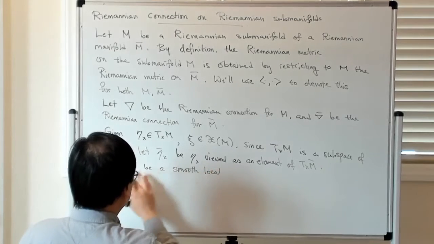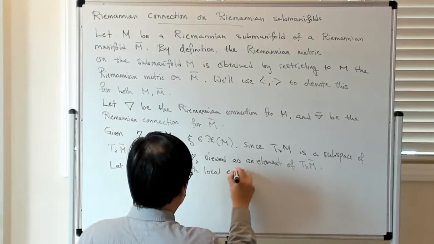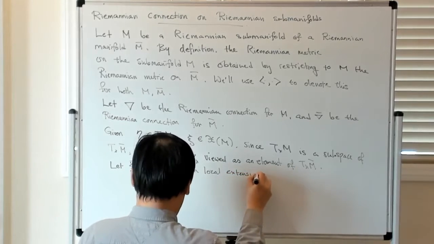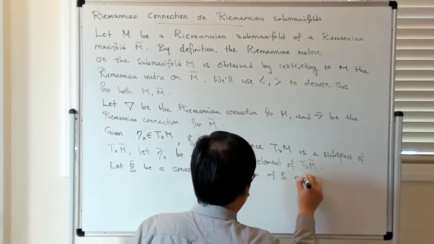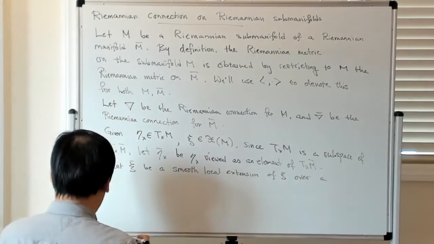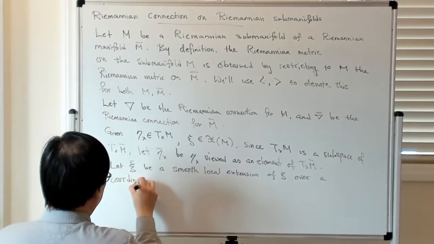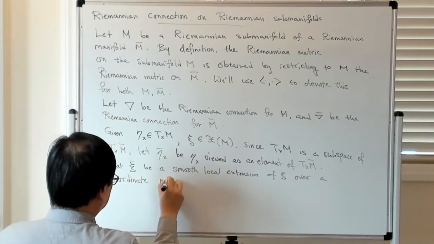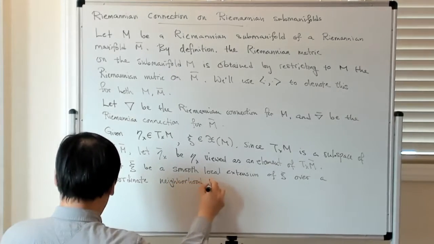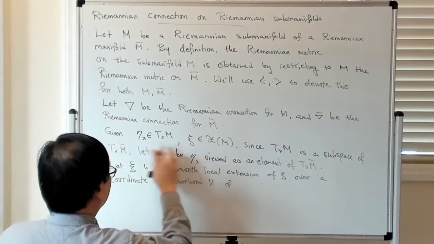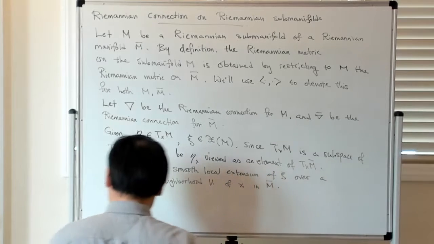You just need this in the vicinity of M. So you just actually need to do this over a coordinate neighborhood U of the base point x in M bar.